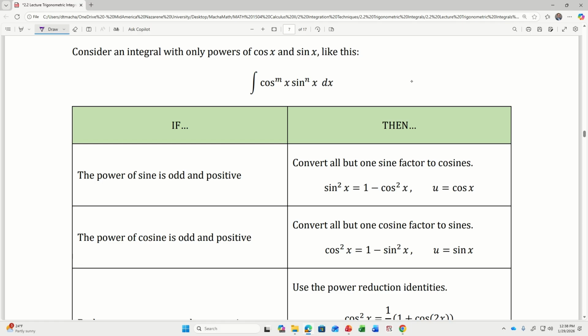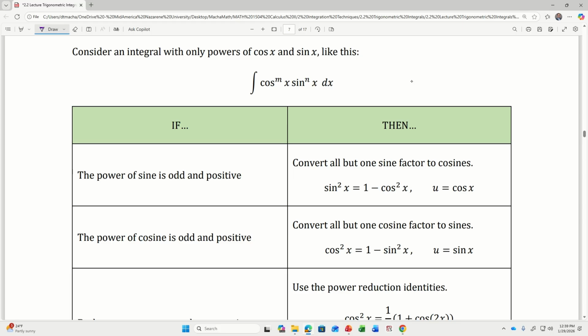Today, one of the things we're talking about is integrals that look like some power of cosine times some power of sine, and m and n are just integers.